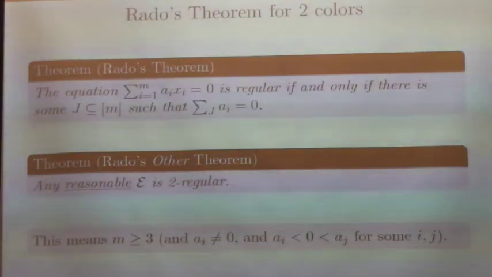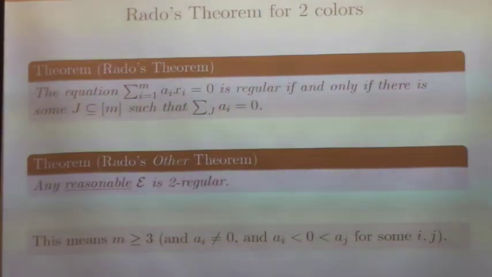So if I look at this equation, and I have at least 3 variables, and I'm not cheating by having variables with zeros in front of them, then as long as some of my coefficients are positive and some negative, it works for 2 colors. If all of the coefficients are positive, or all are negative, then there are no solutions, which is silly.